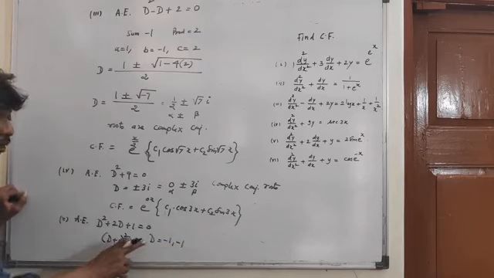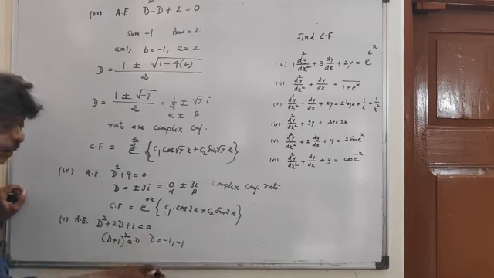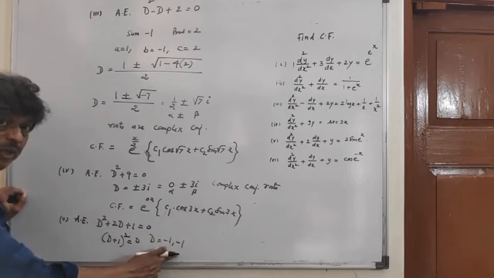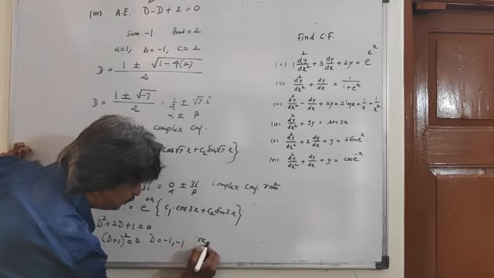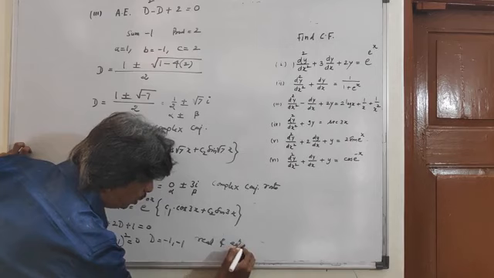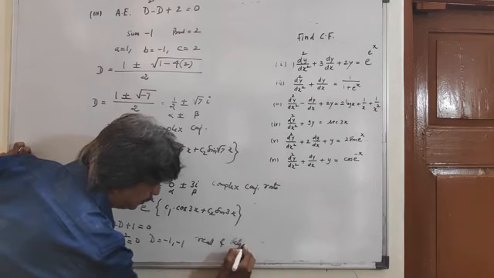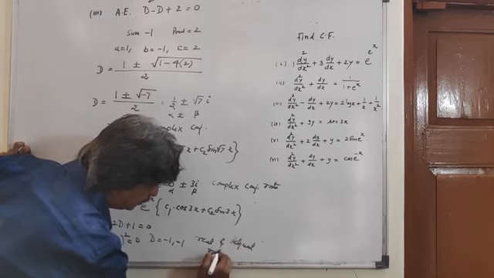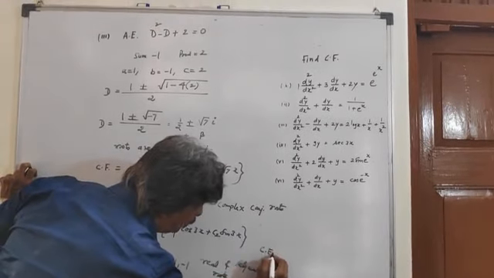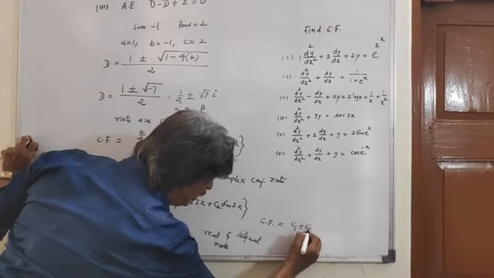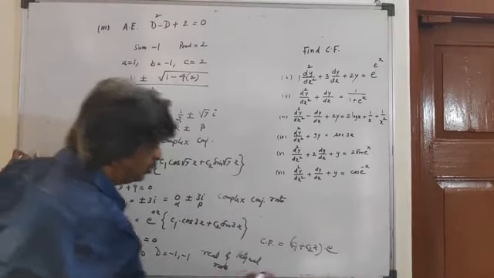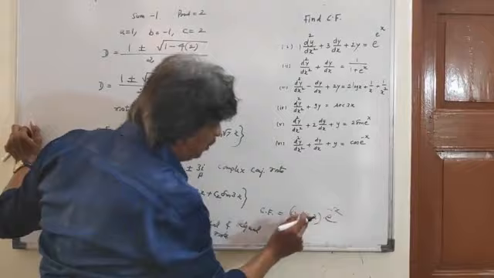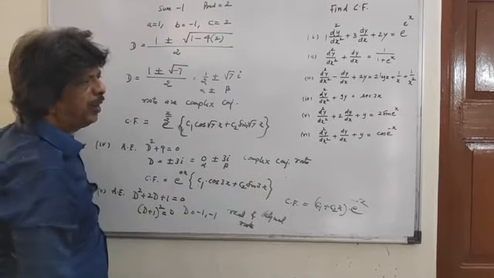So here we see that the roots are not distinct, they are the same. Minus 1 equal to minus 1. Two equal roots, so real and equal roots. The CF would be here (C1 + C2x) into e to the power of the equal root times x, that is (C1 + C2x) e^(-x).